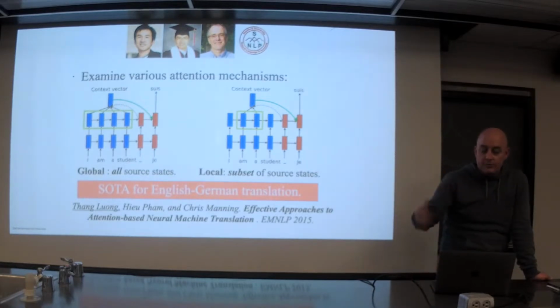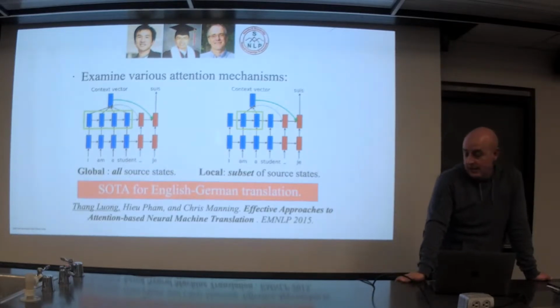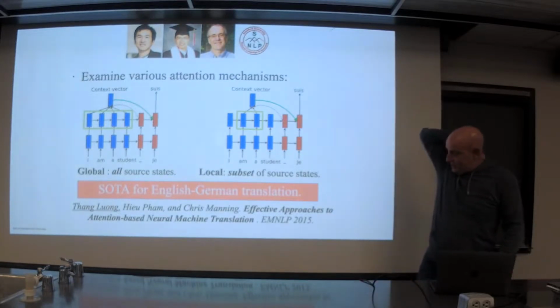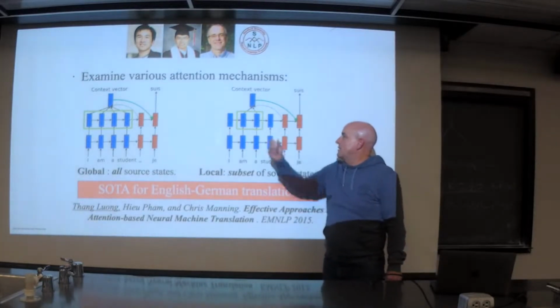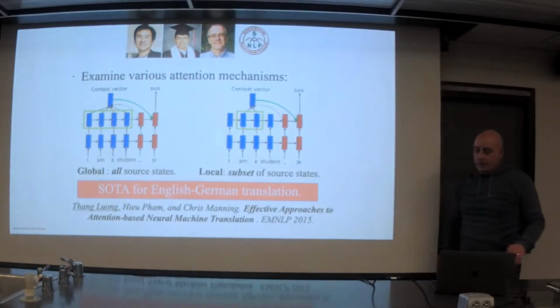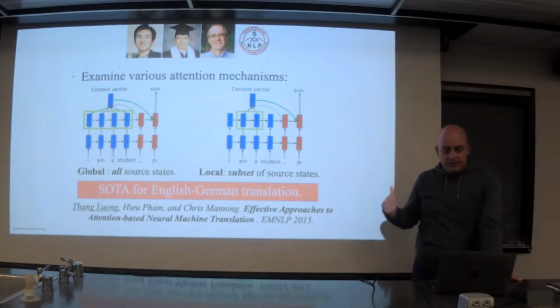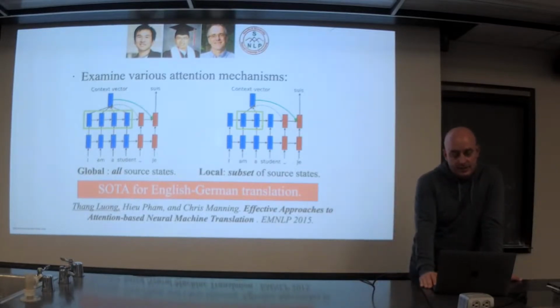Once this was out, there were lots of different uses and versions of it. There's another paper that allowed which vectors you actually use to be learned as well, so not just combining all of them, but picking out subsets of the source.